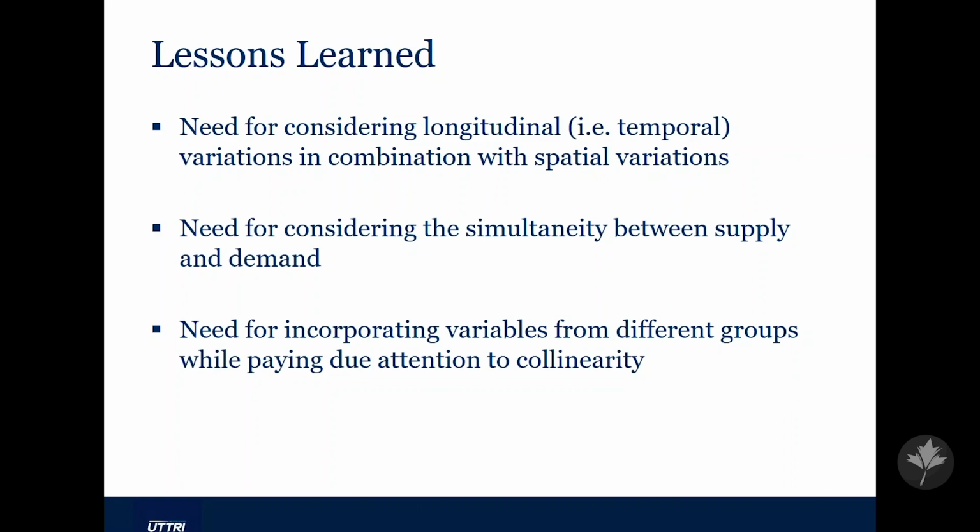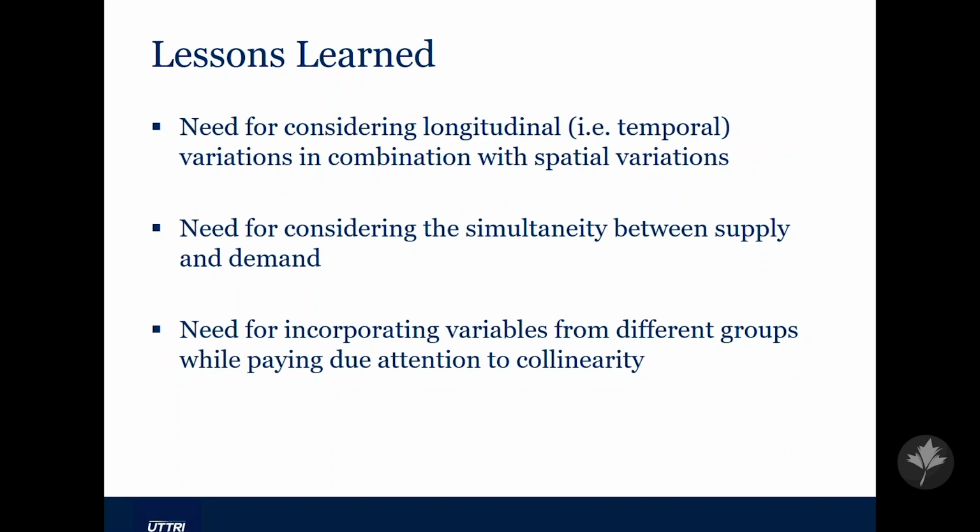So there's this simultaneous, two-way relationship between supply and demand that also needs to be captured very well in the modeling system. Again, in most previous studies, they looked mostly at the demand as a function of supply. So in our study, we made a conscious effort to try to capture this simultaneous relationship between the supply and demand. And I'm going to elaborate on this later on.